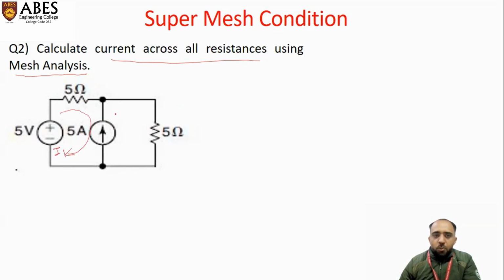This is I1, assuming the clockwise direction. The second mesh also, assuming the clockwise direction. So there are two meshes. We are unable to apply the KVL. So how to apply KVL? We will be unable to apply KVL in mesh 1 and mesh 2 separately.